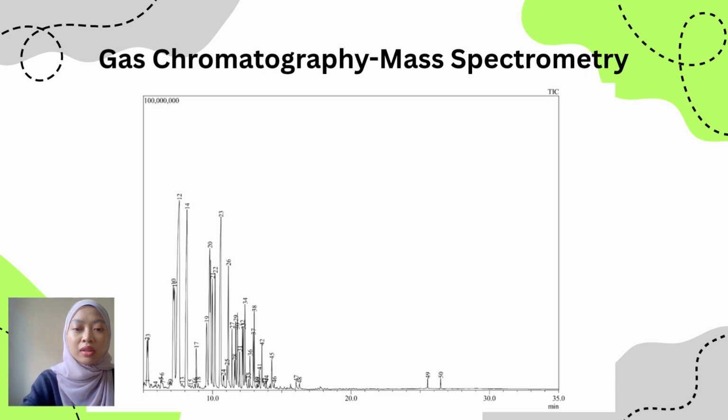Each peak on this graph represents a different compound present in the sample. In total, 50 compounds were detected. The major peaks correspond to hydrocarbons such as 3,5-octadiene, substituted benzene, cycloalkanes, and alkanes, including octane and dimethyl heptane.